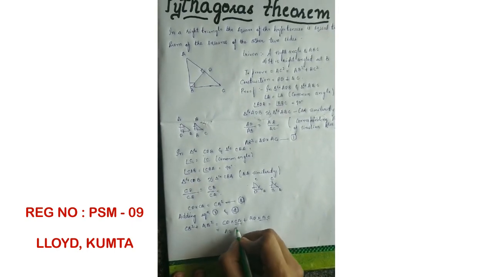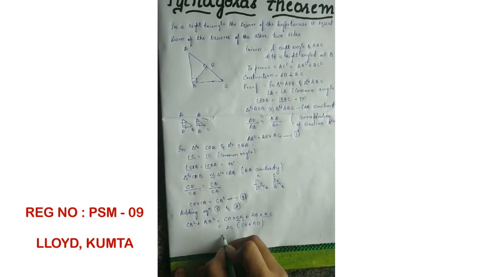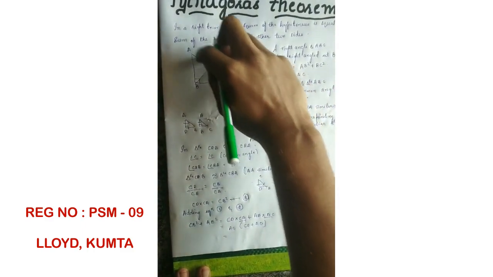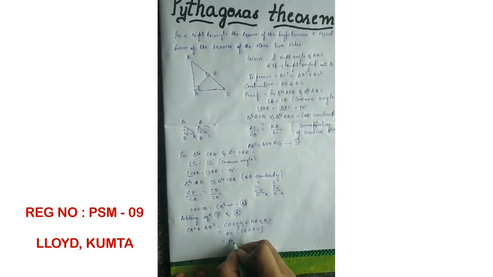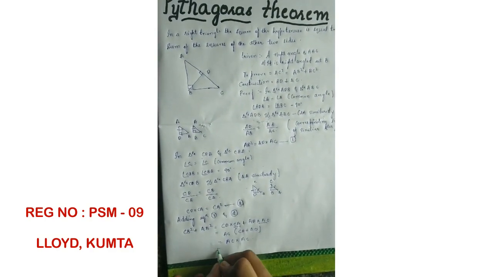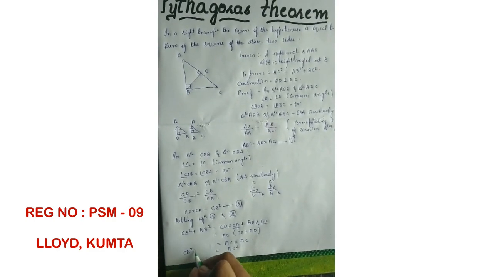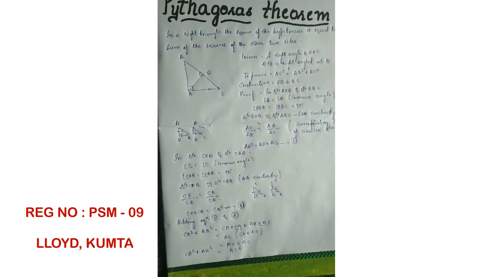So AC into CD plus AD. CD plus AD, that is AC, the line AC. So it will become AC square. As I have told, the equation CB square plus AB square is equal to AC square.